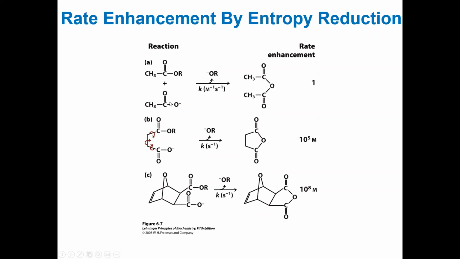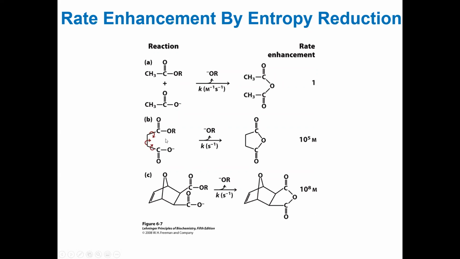Now what happens if you can pre-organize the reacting partners by bringing the two functional groups into the same molecule, as shown here in B? If you do that, you have somewhat restricted, you have reduced the entropy of the reacting partners by bringing them into one molecule. So you still have three single bonds that can rotate freely, but these groups are within one molecule.